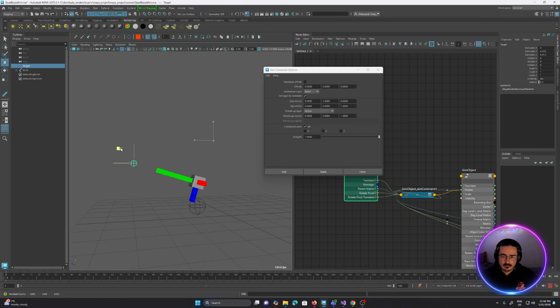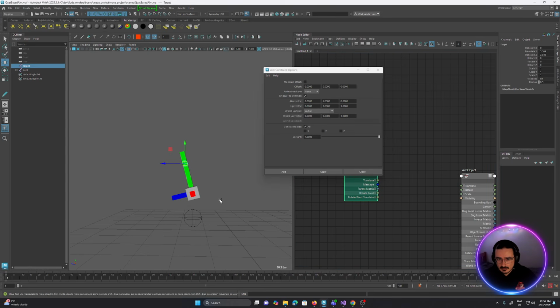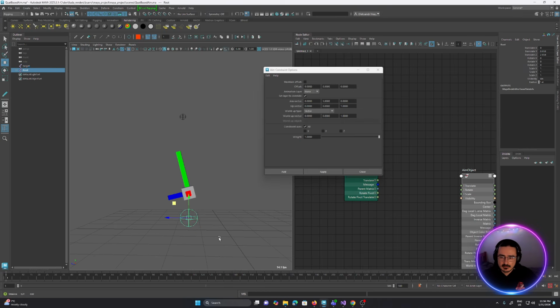So the range is 180 degrees. And let's see what I can do with it and how I can fix it.